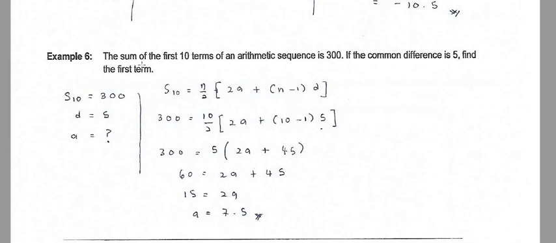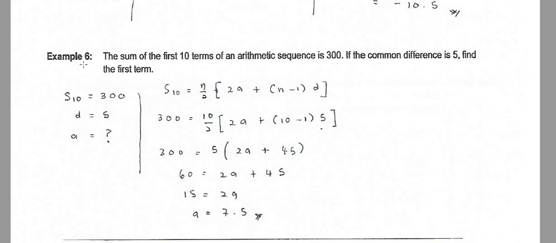Example 6. The sum of the first 10 terms of an arithmetic sequence is 300. If the common difference is 5, find the first term. Sum of the first 10 terms, this is S10, equals 300. Common difference is 5, so D equals 5.